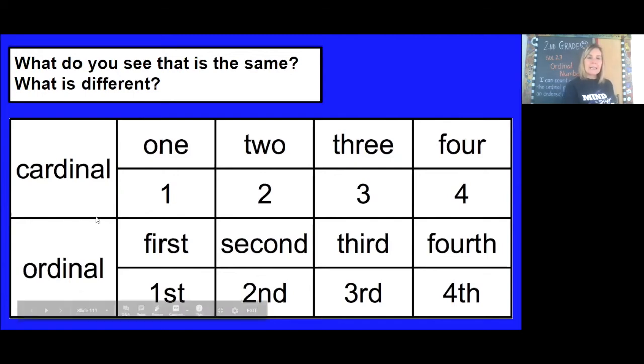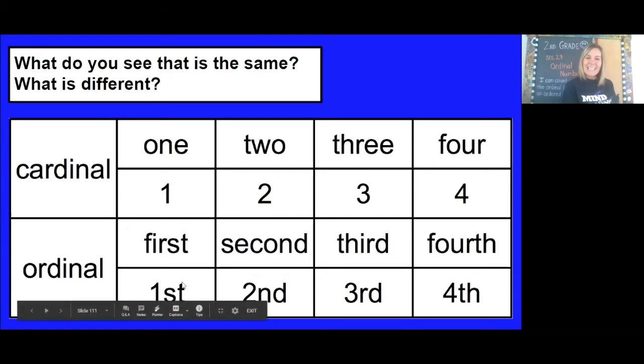Well, I see that cardinal numbers 1, 2 don't necessarily sound anything like the ordinal numbers first and second. That's very different. And then once I get to 3, well, I hear a little bit of similarity in the TH sounds. But look how similar 4 is to its ordinal number of fourth. I can even see the word in there.